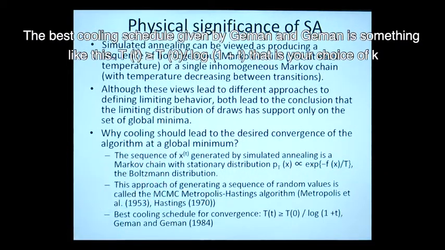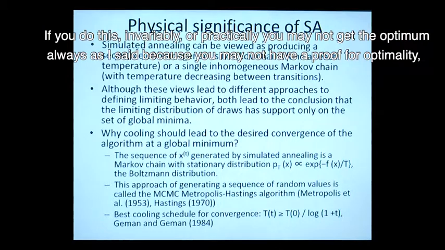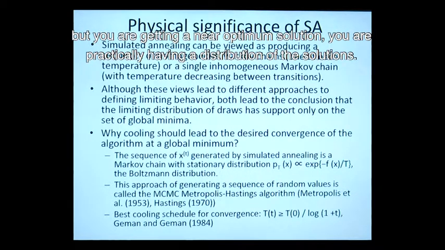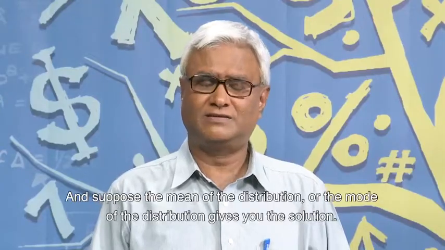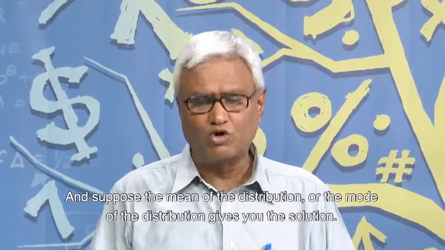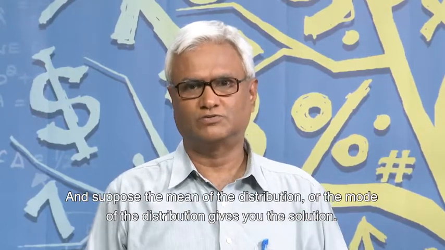This is practically what is happening in simulated annealing. The best cooling schedule, given by Geman and Geman, is something like this: T t greater than or equal to T naught by log of 1 plus t, that is the choice of k. If you do this, practically you do not always get the optimum, as I said, because you may not have a proof of optimality. But you are getting a solution, you are practically having a distribution of solutions, and suppose the mean or the mode of that distribution gives you the solution.